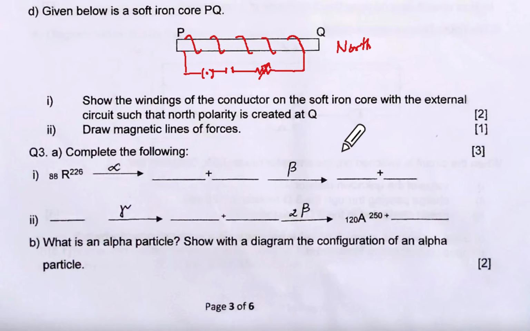Now if this is north, then from here if you look, it should be anti-clockwise. Now from here, this way will be clockwise and this way will be anti-clockwise. Are you with me? Yes, ma'am. Understood, right?